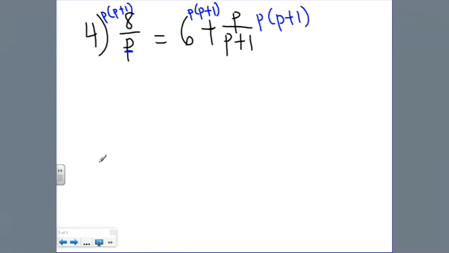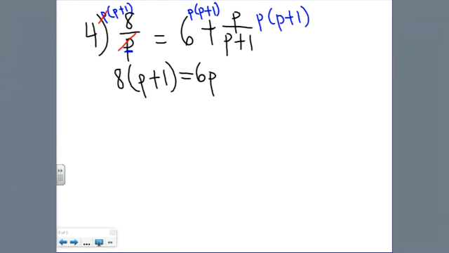On the left side, the p's cancel out, leaving us with 8 times, in parentheses, p plus 1. In the middle, nothing cancels, so bring down everything like it is, including the 6.